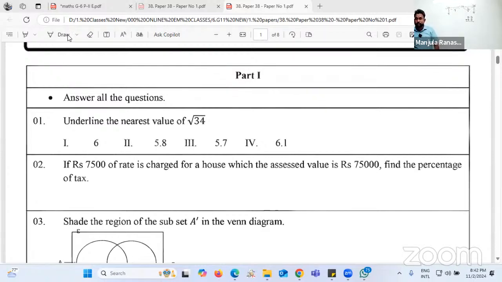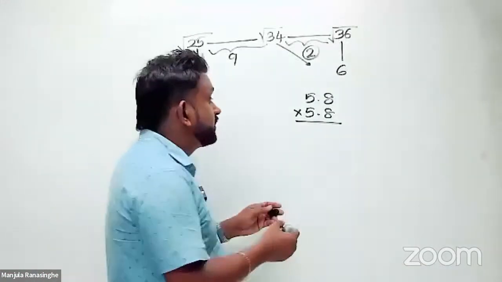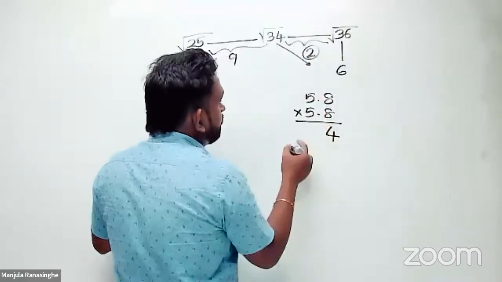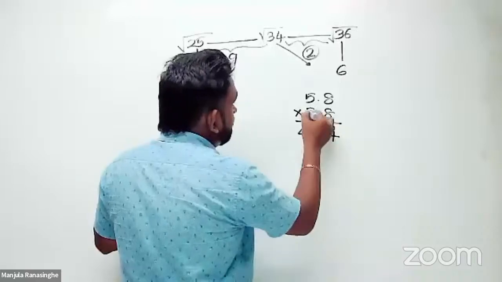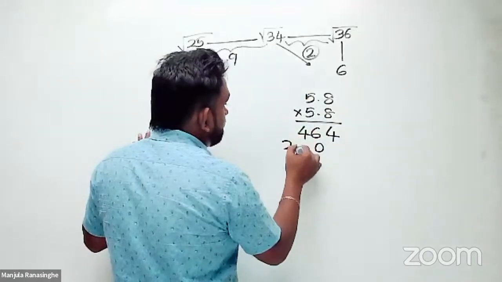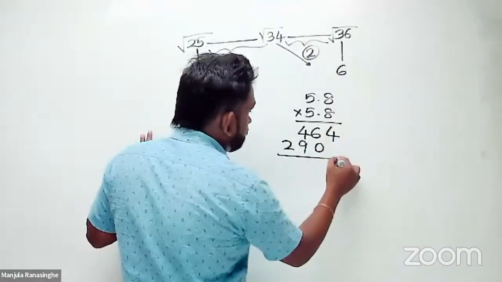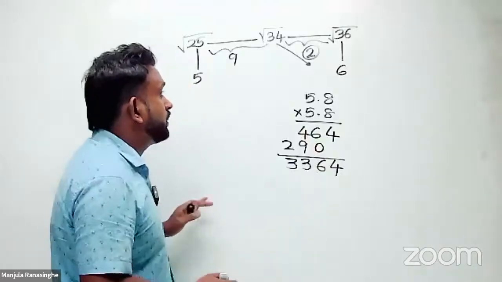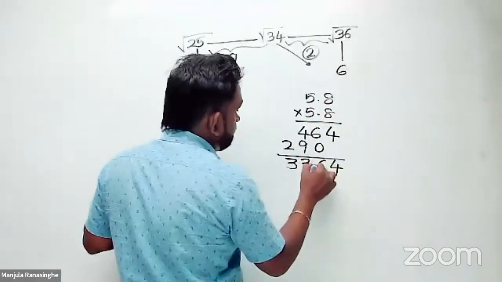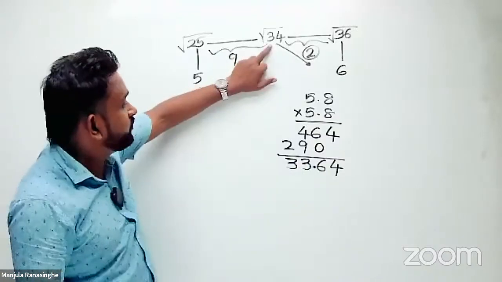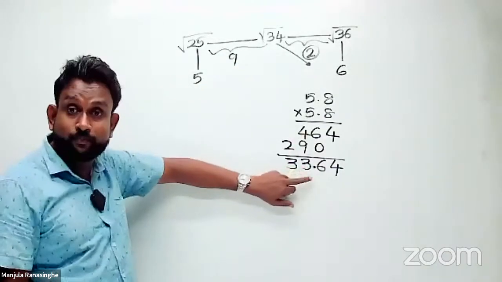Then 5.8 multiplied by 5.8: 8 into 8, 64, 6 remaining; 8 into 5, 40 plus 6, 46; then 5 into 8, 40, 4 remaining; 5 into 5, 25 plus 4, 29; then adding, 3364. Now when I separate two decimal places, that is 33.64. Now check, that is 34, now 33 point something.